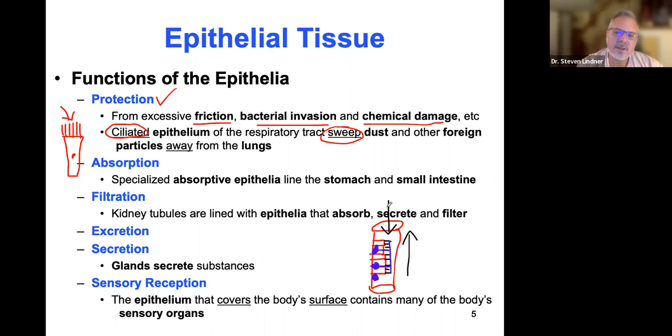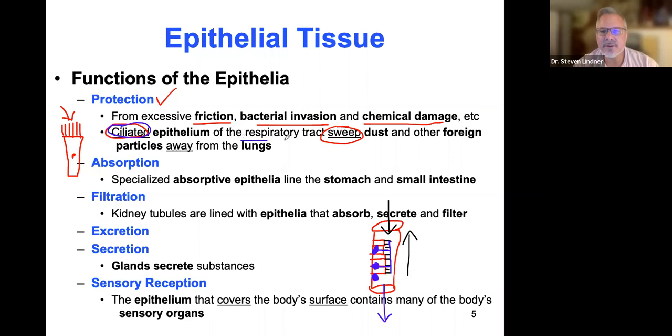So that when you're breathing in air that has dust and debris and foreign particles, rather than have all that debris bypass all of that and make it into your lungs, it's going to stick to the mucus. And then all you have to do is like that, and you can cough and get it out of your system. So the cilia right here, these are really important.